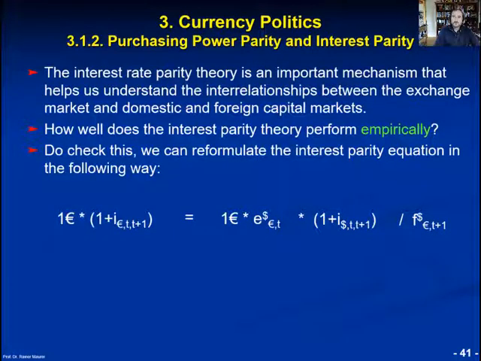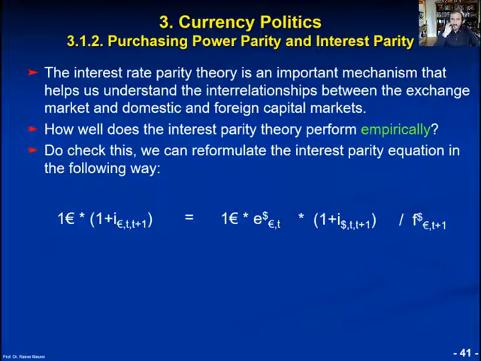So the interest parity equation helps us to understand how changes in interest rates affect the exchange rate on the spot market. But so far, our results are completely theoretical. The question is whether the interest parity equation is also empirically reliable.